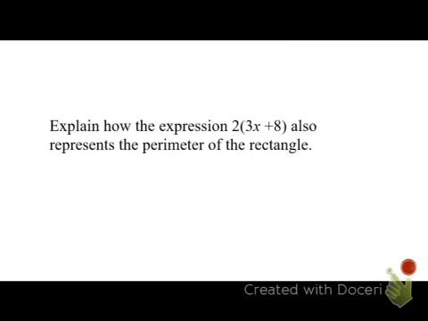We want to explain how the expression of 2 times 3x plus 8 also represents the perimeter of the rectangle. The measurements that were given to you were x and 2x plus 8. If you combine these, you get 3x plus 8. So 3x plus 8 represents 2 sides.